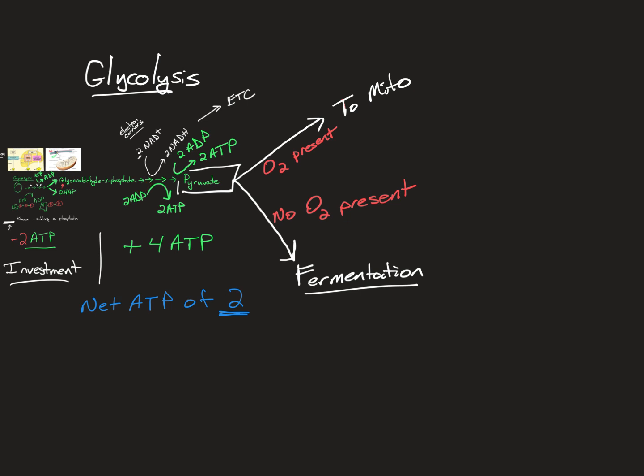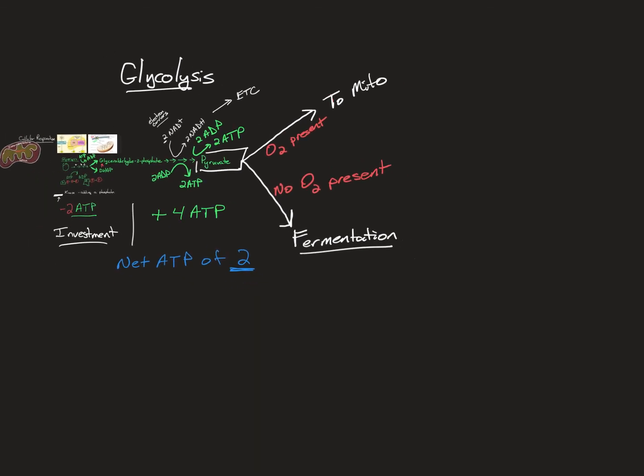So the bottom line is that you need to have ADP and NAD plus available so that this can continue to go on, so that you can make ATP. In order to do that, if you don't have oxygen, you need to do something called fermentation.